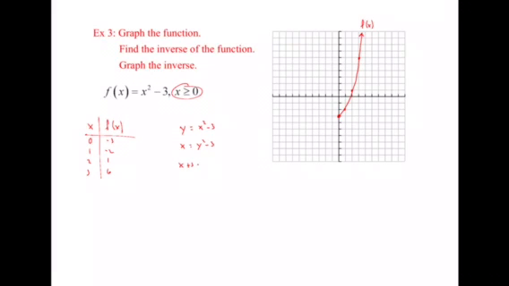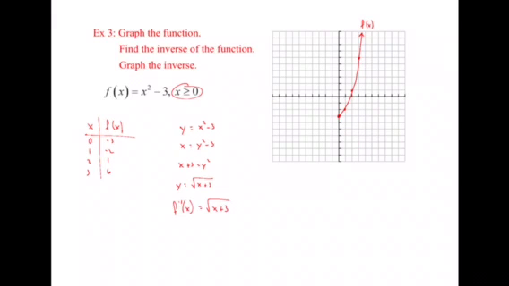So you add 3, and since it's squared, you take the square root, so y is equal to, and normally we would put plus or minus, but if we do plus or minus, it won't be a function, and we have the restriction where before x was greater than or equal to 0, so we have to hold that true for the inverse. And so finally, we'll say that the inverse of f is equal to the square root of x plus 3.